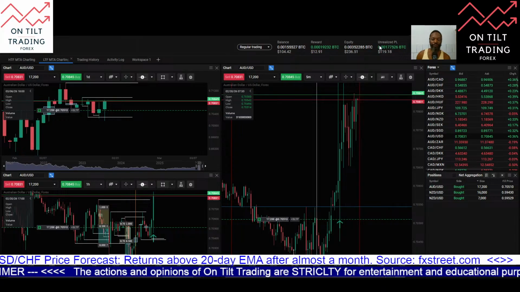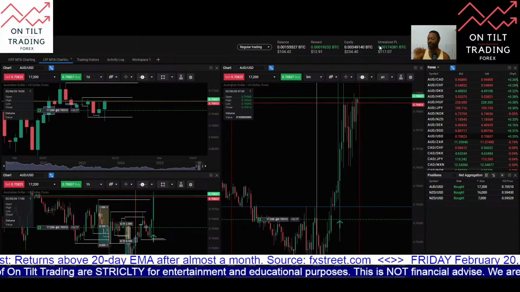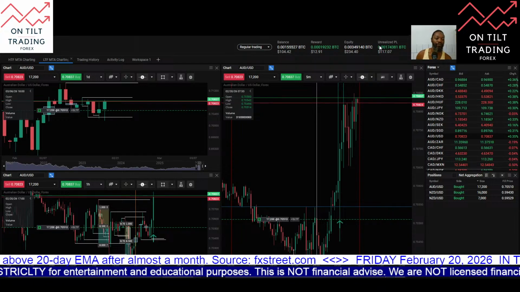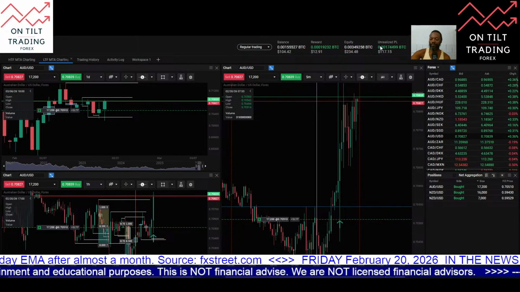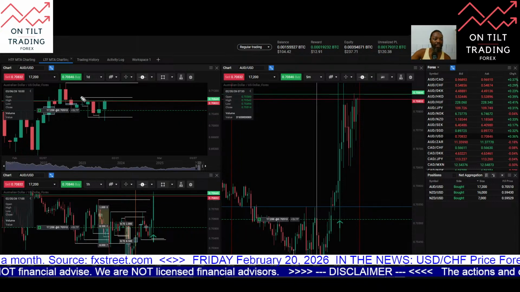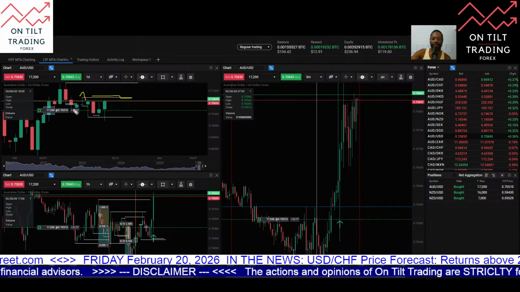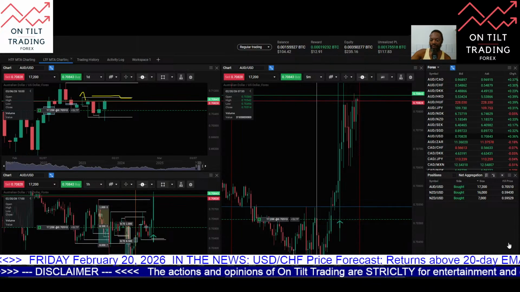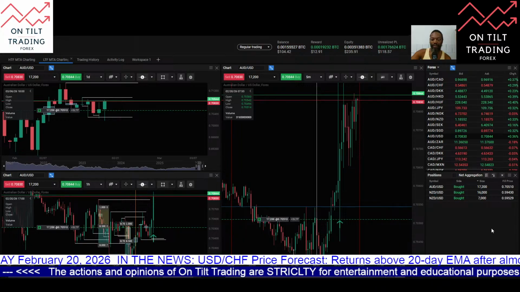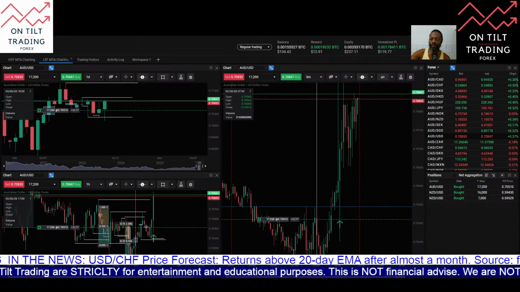Based on what I'm seeing with price action at this daily swing high level here, which is where this line is, depending on how price behaves here, I'll decide whether or not I want to take a partial.